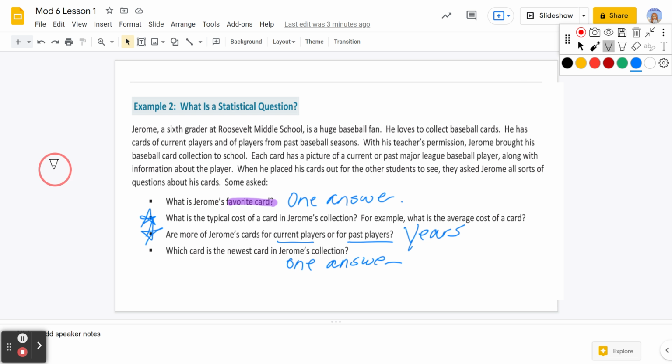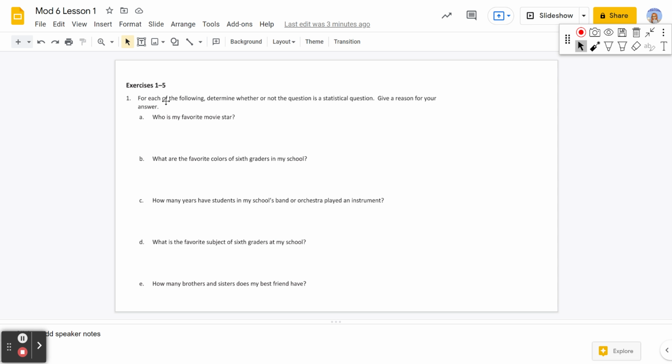So now what you are supposed to do is remember which page this was. Let me look real quick. On page 2, 1 through 5, you are supposed to determine whether or not a question is a statistical question and give a reason for your answer.